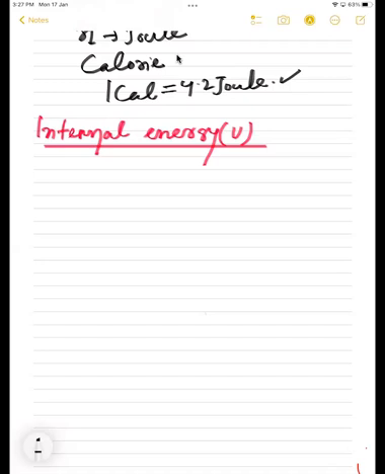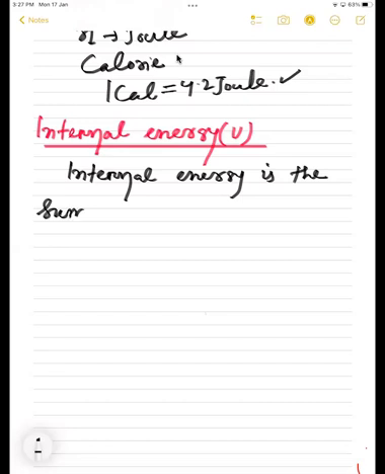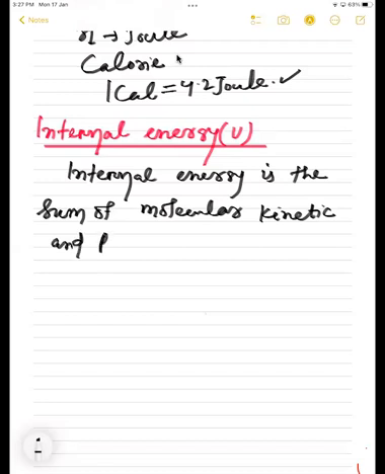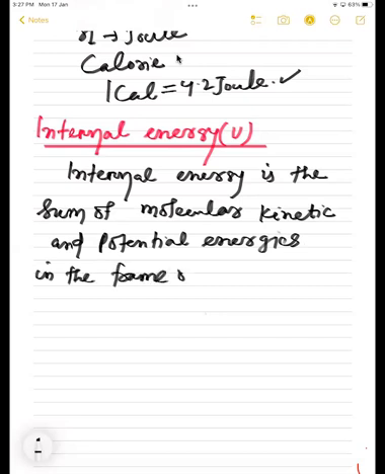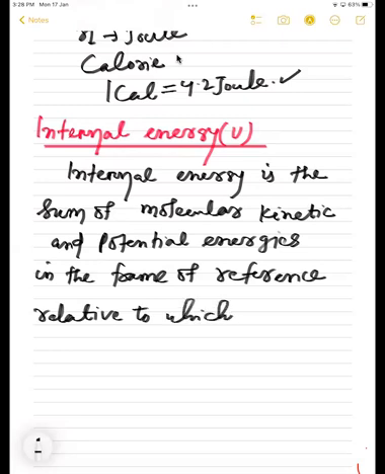So, students, internal energy is the sum of molecular kinetic and potential energies in the frame of reference relative to which the center of mass of the system is at rest.